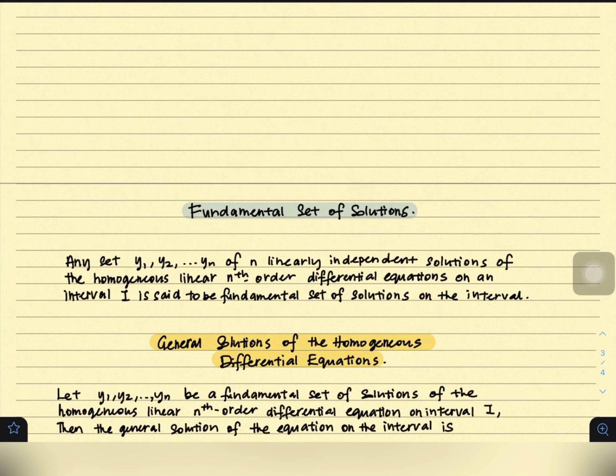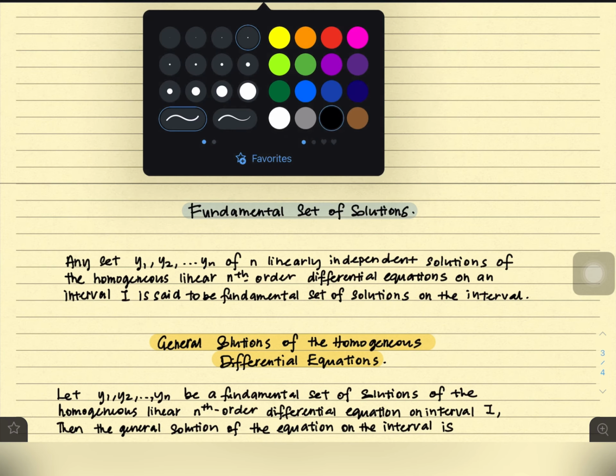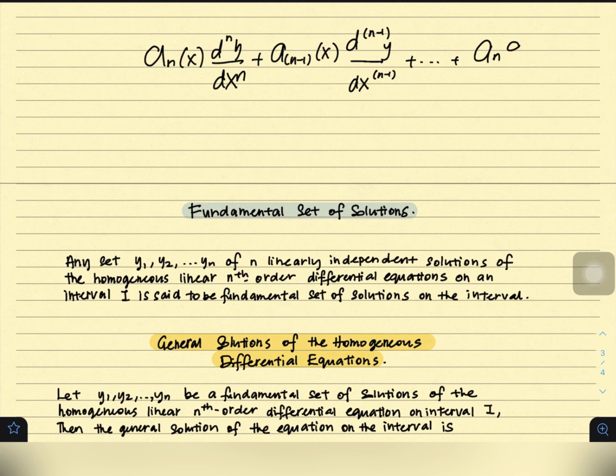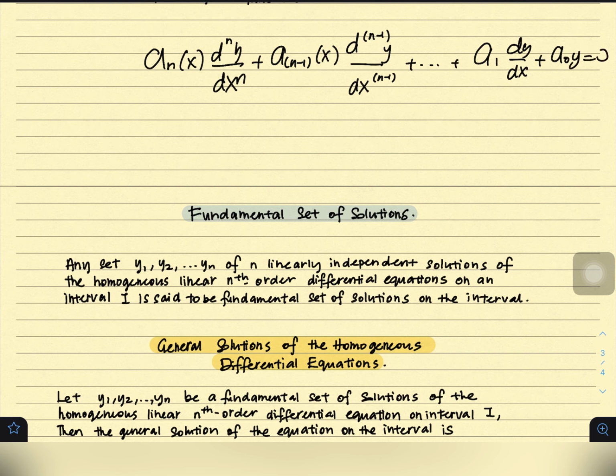So now we are moving to learn on the higher order differential equation, di mana higher order differential equation ada dalam general form yang berbentuk a n d^n y dx^n plus a n minus 1 d^(n-1) y dx^(n-1) until you have a 1 dy dx plus with a 0 y equal to 0.